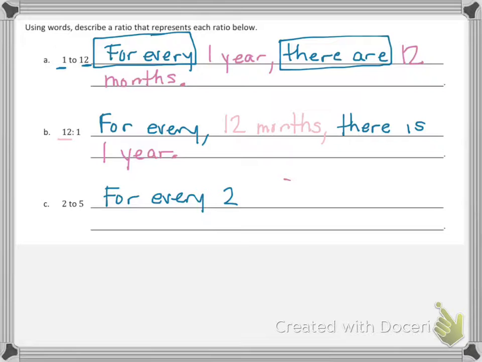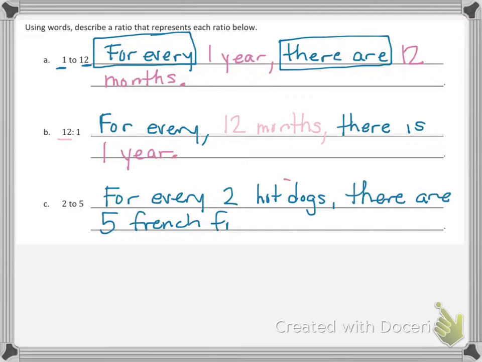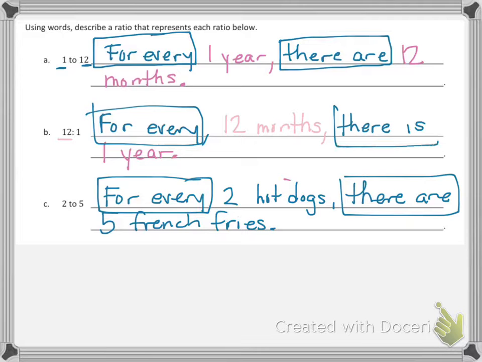For every 2 hot dogs, there are 5 French fries. That seems like a low number of French fries, but it's a ratio. For every 2 hot dogs, there are 5 French fries. That works. And notice I've got good ratio language every time I write a description. For every, there are. For every, there is. Okay, so we're writing a good ratio description with good ratio language.